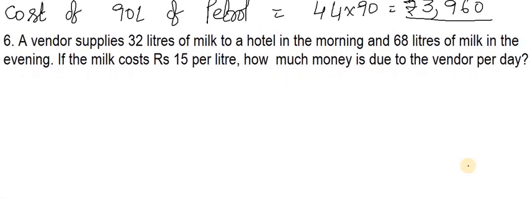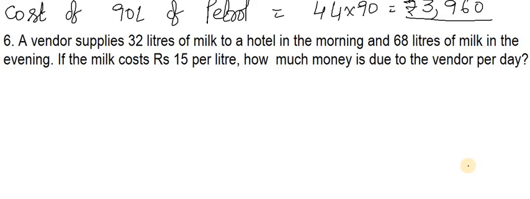Now, a vendor supplies 32 liters of milk to a hotel in the morning and 68 liters of milk in the evening. If the milk costs 15 rupees per liter, how much money is due to the vendor per day? A vendor is the person who gives supplies. In the morning he is giving 32 liters and in the evening he is giving 68 liters.